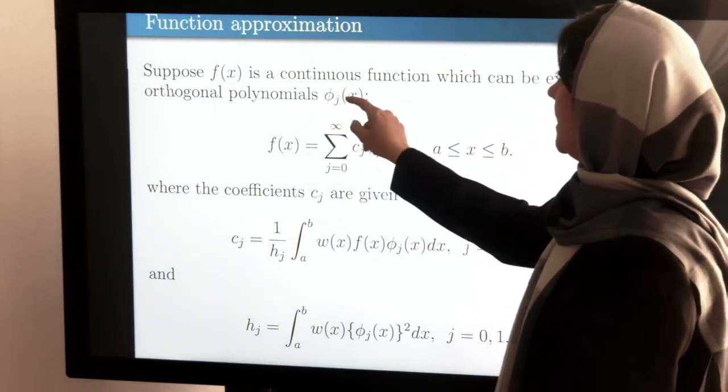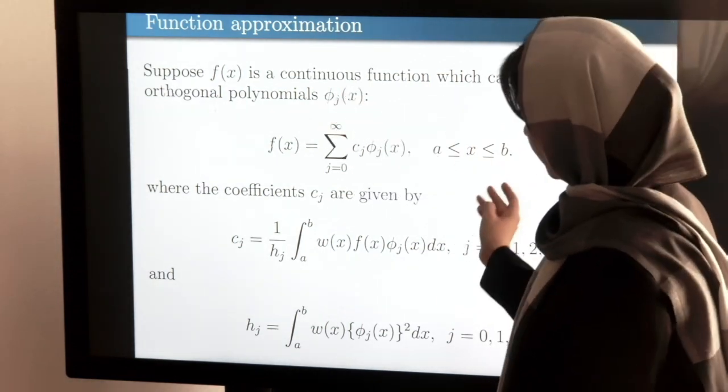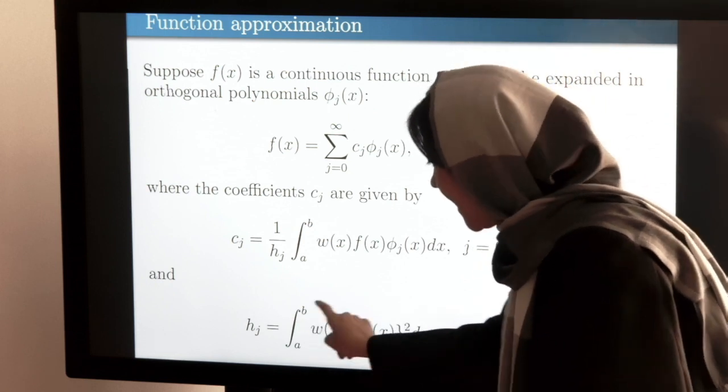Phi j are defined in this interval a to b, with the weight function.